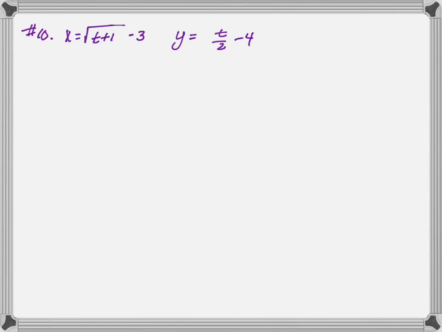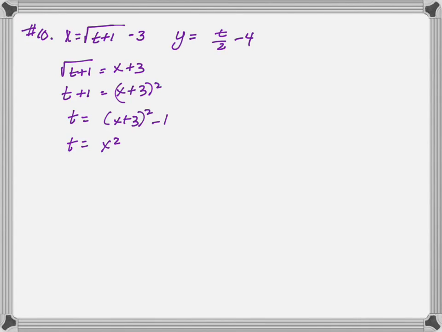Okay, so the square root of t plus 1 equals x plus 3, so t plus 1 equals x plus 3 quantity squared, so t is x plus 3 quantity squared minus 1. And I guess I multiply that out and simplify it.